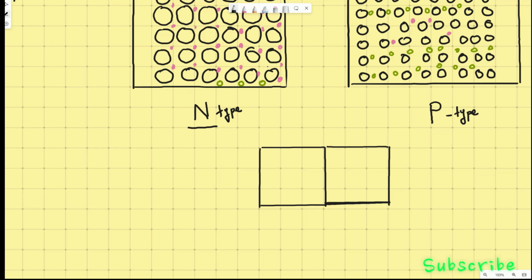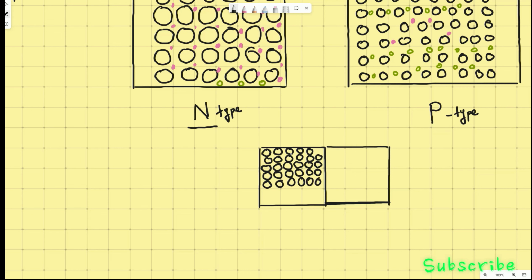Now, when you connect these two, let me draw some impurity atoms in this. So these are the impurity atoms. Phosphorus, for example, pentavalent.